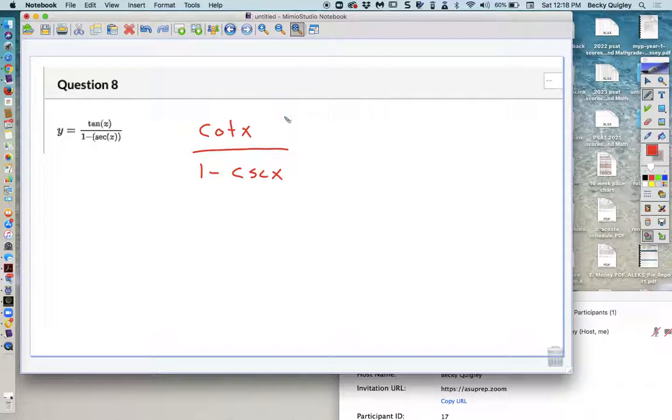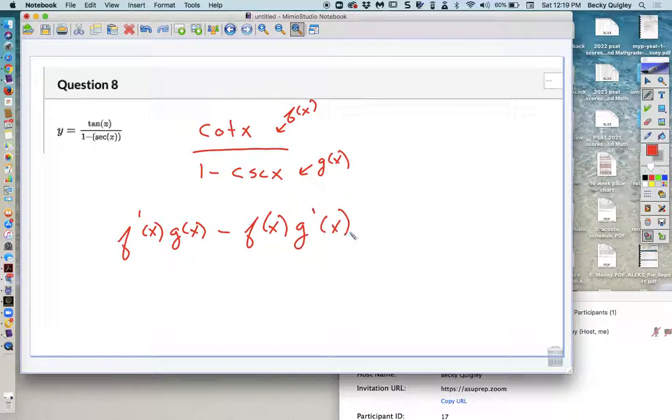So I'm going to call the numerator f of x, and we'll call the denominator g of x. So your quotient rule is we take the derivative of the numerator, multiply it by the denominator, minus the numerator times the derivative of the denominator divided by the denominator squared.